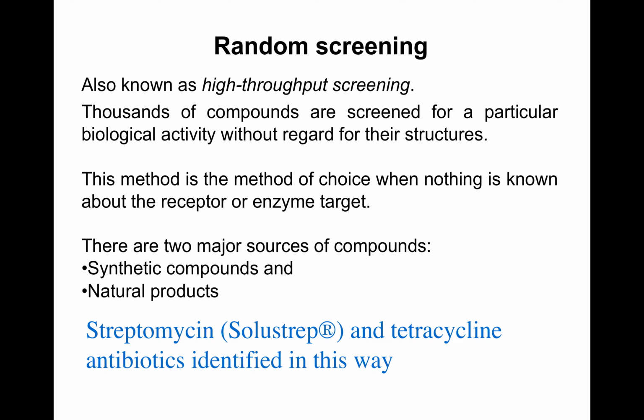So the first lead compound identification method is known as random screening. It is also known as high-throughput screening. High-throughput basically means where you can take thousands and thousands of compounds and screen them for a specific biological activity without regard for their structures.